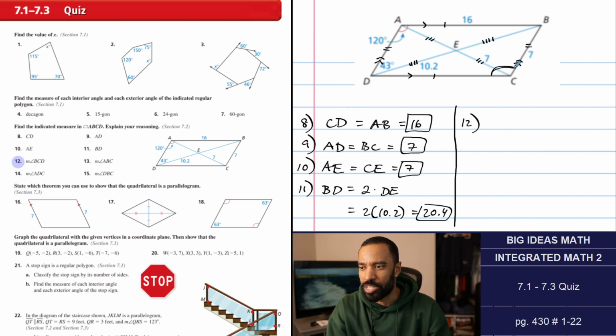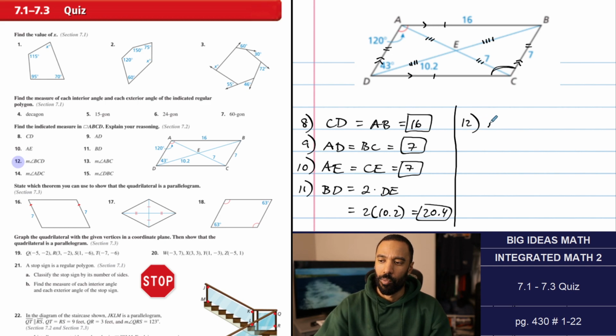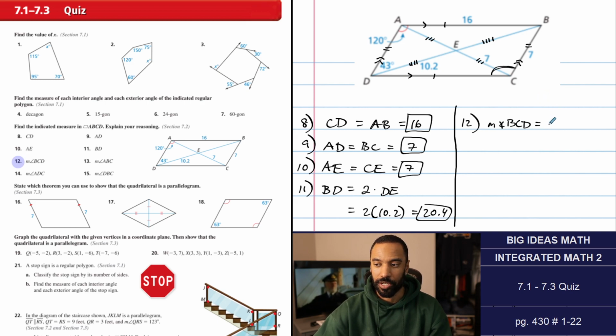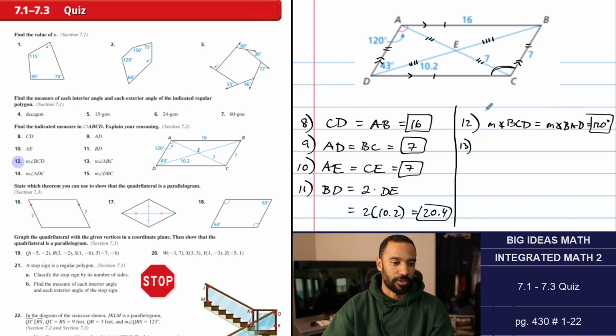Well, opposite angles in a parallelogram are congruent. We know the measure of angle BAD, or DAB, however you want to put it, is 120 degrees. So is this. They're both 120 degrees. Another property of parallelograms.